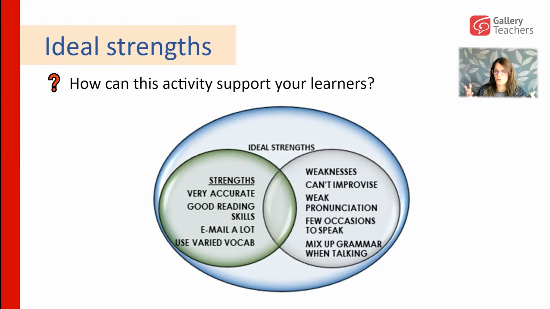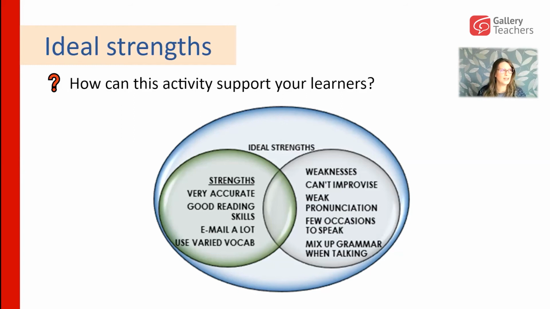So I asked her to first of all reflect on what she sees here, and she says, well, she's got more weaknesses than strengths. And I said, okay, what would happen if all of these came under an umbrella term of ideal strengths? And she said, well, that's not really possible, because yes, I see that I've got strengths, but the others are weaknesses. And I said, well, just try to imagine what would happen if those weaknesses became strengths.